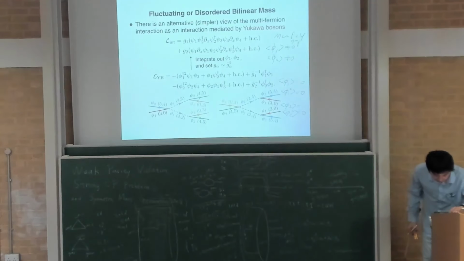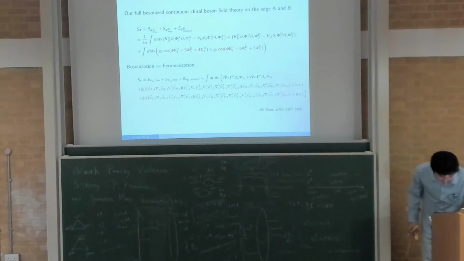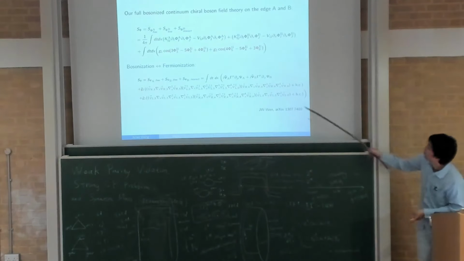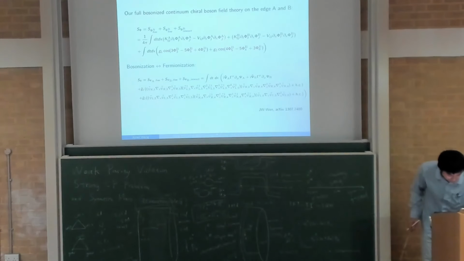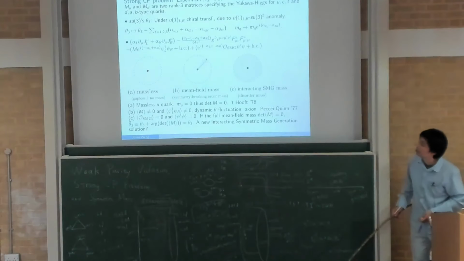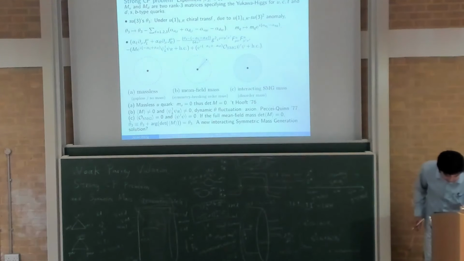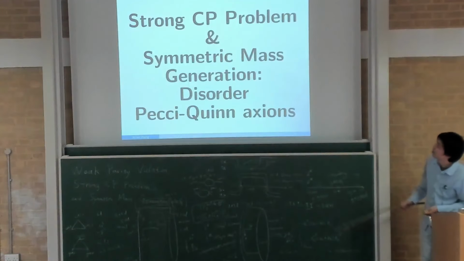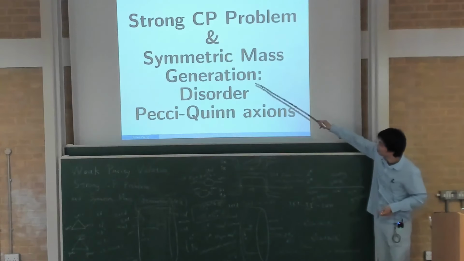Okay, so let me go there. This is a different way of writing what I was showing earlier for the 3450 model. So let me go to the strong CP problem part. I will connect the strong CP type of problem to symmetric mass generation.